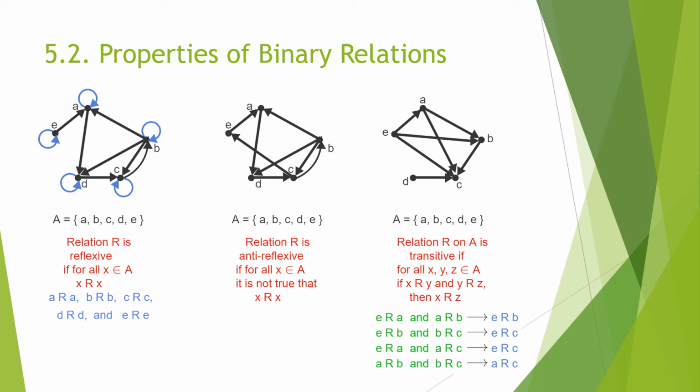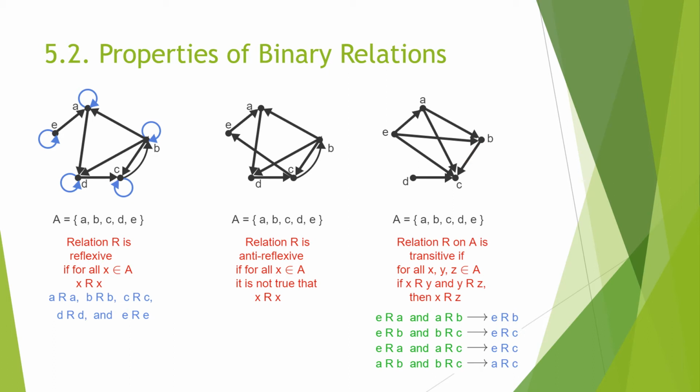Also, you can see that E is related to B and B is related to C. That means, based on the definition of transitivity, there should be an arrow from E to C, which exists. Therefore, this triangle also doesn't violate the definition of transitivity.